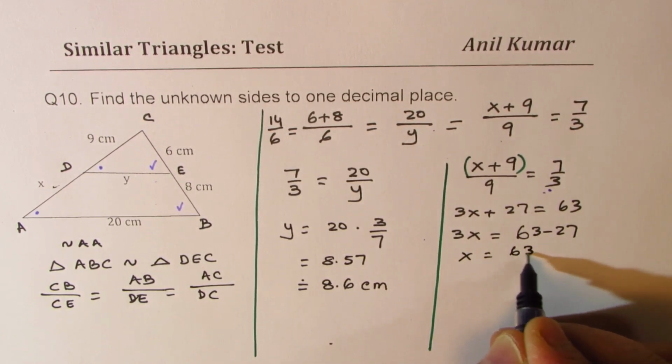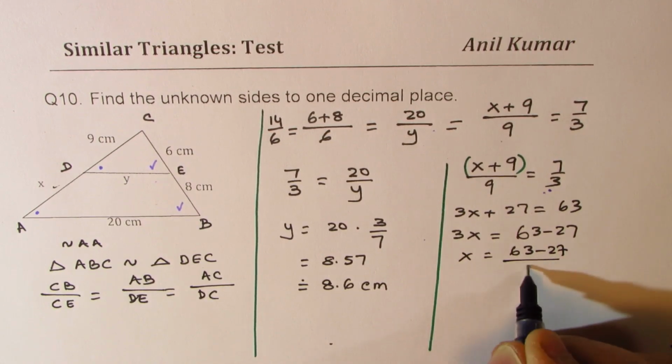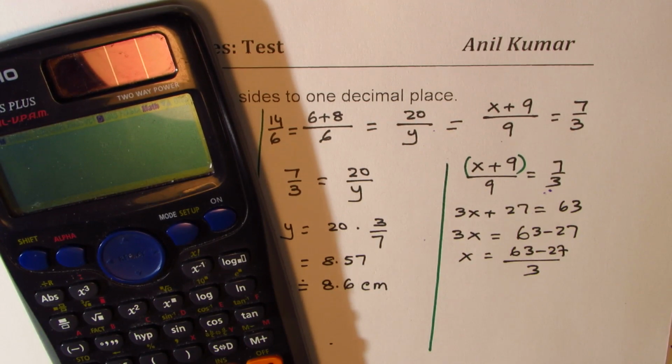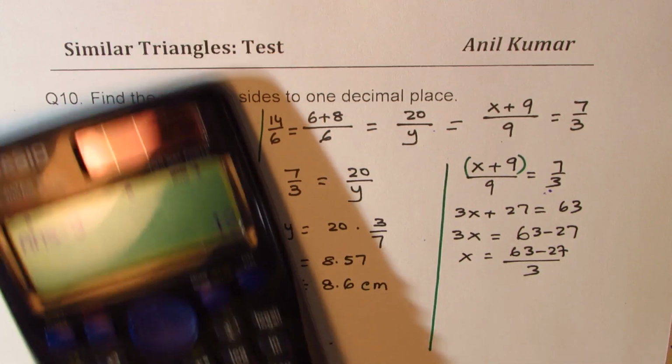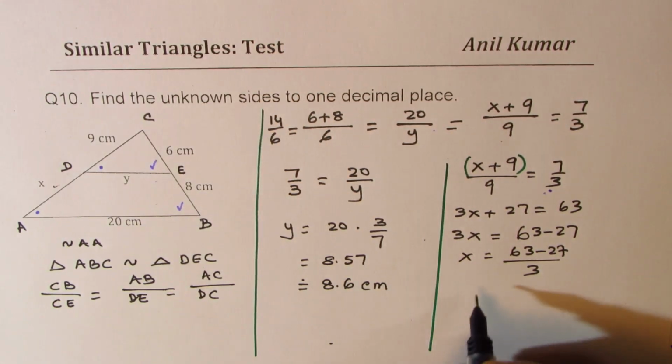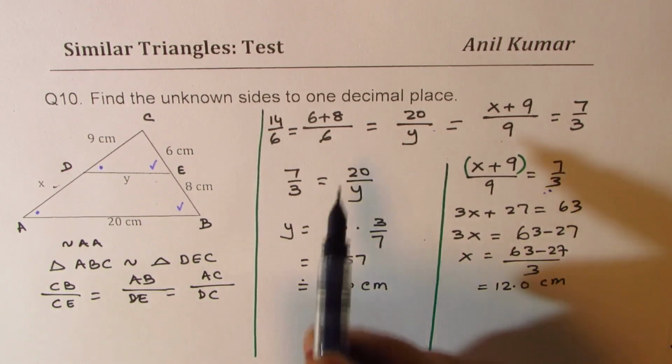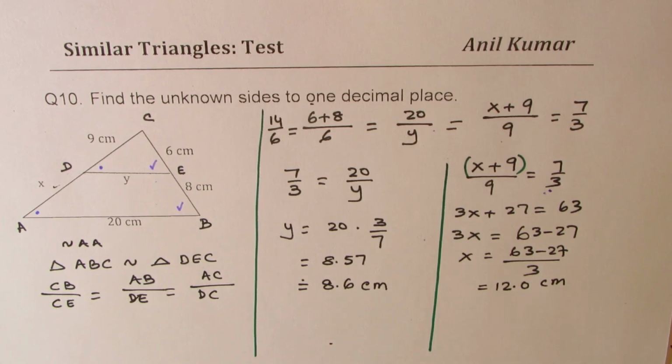X equals 63 minus 27 divided by 3. So we'll do the numerator 63 minus 27 first, and then divide it by 3, which gives us 12. So we'll write this as 12.0 centimeters, since we need to write the answer to one decimal place, correct? So we got the side as 12 centimeters, the other one as 8.6.